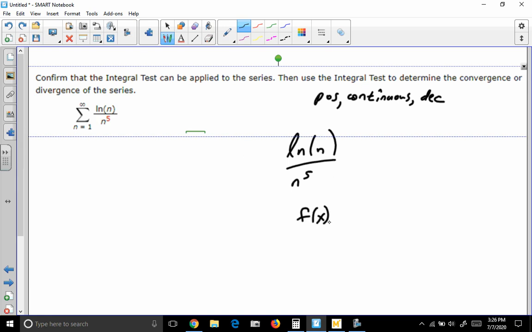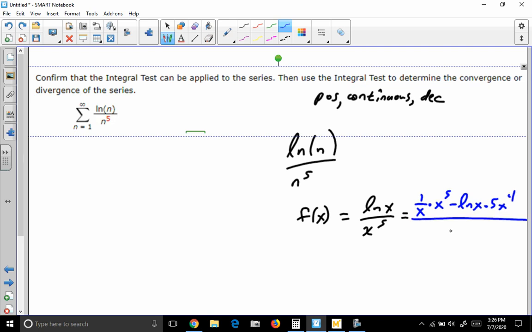So if we let f of x be natural log of x over x to the 5th, we have to use the quotient rule to take the derivative: the derivative of the top times the bottom, minus the top times the derivative of the bottom, over the denominator squared. So we get x to the 4th.